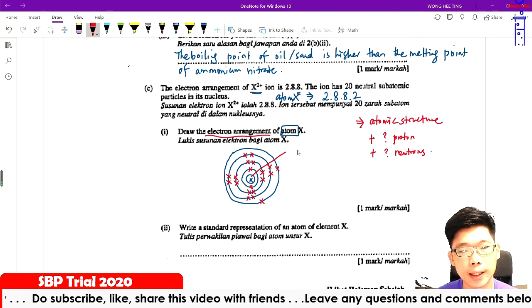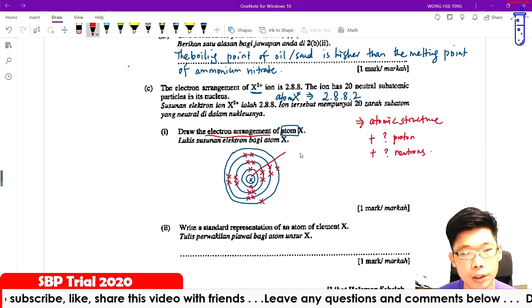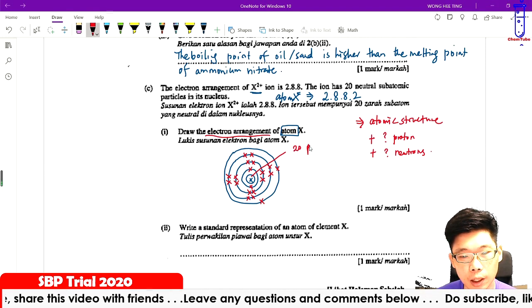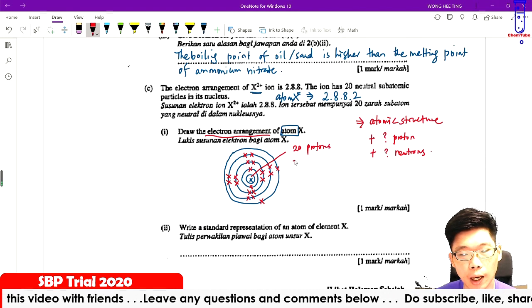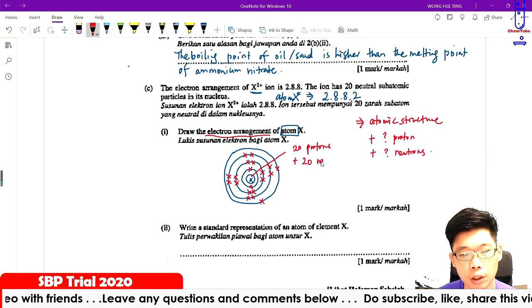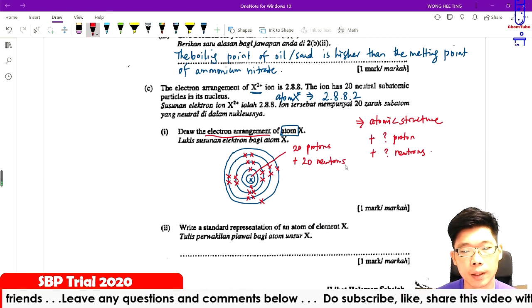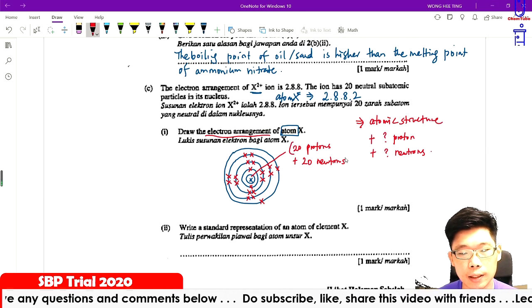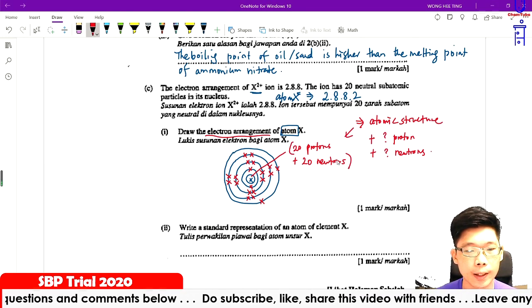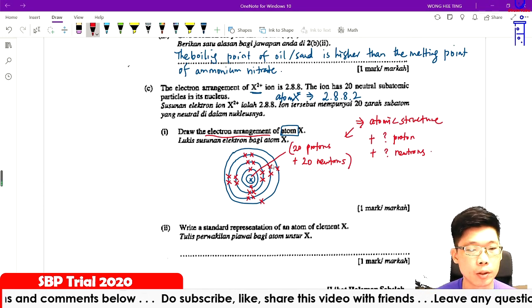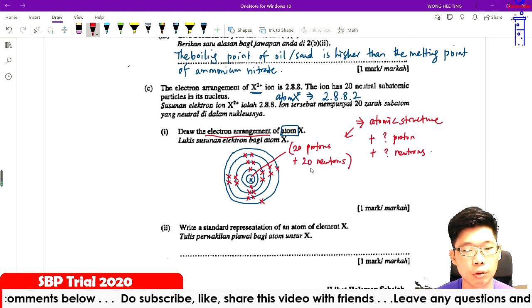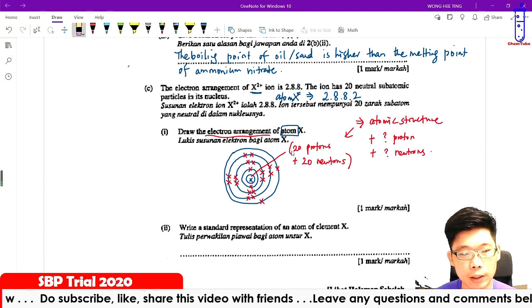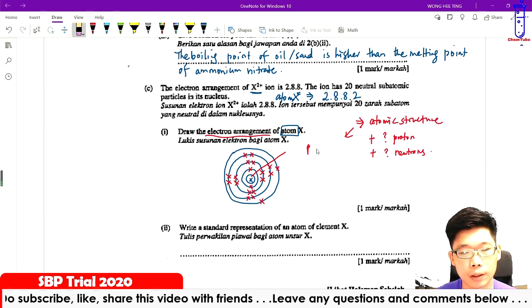For example, here we have 20 protons and 20 neutrons. If the question asks you to draw the atomic structure, you add in this information. But this one is the electron arrangement, so no need for us to give the information about the protons and the neutrons. This one is just extra information for you.